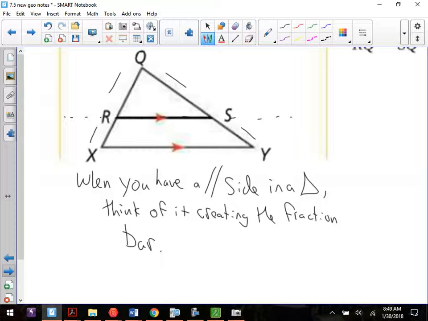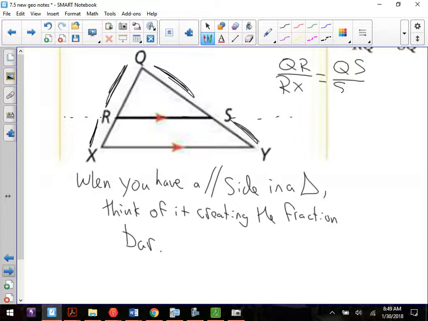That RS value, I want you to think of as the fraction bar splitting a numerator and a denominator. Anytime you see a diagram that looks like that, that will always work. So I could write out the ratios then: QR is to RX equals QS is to SY.